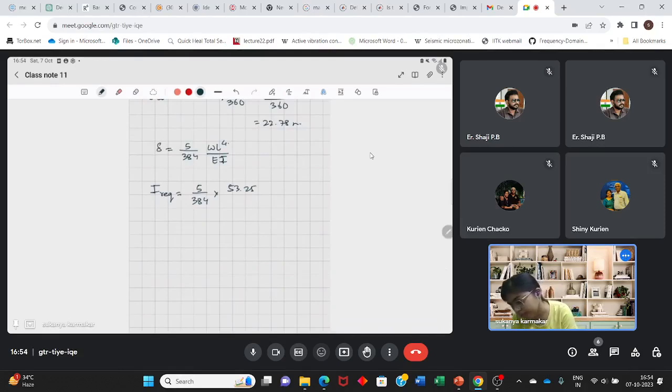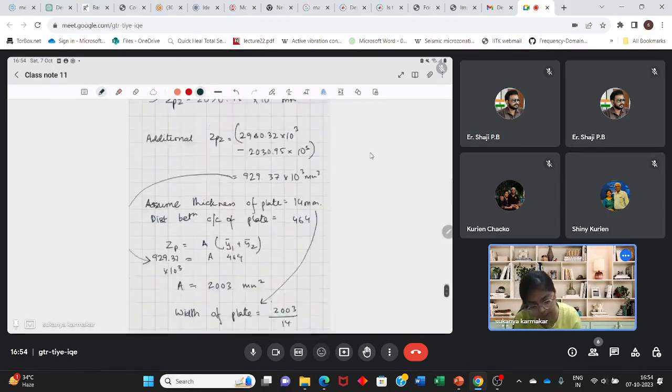5 2 into 10 to the 5. Then delta comes down here. 8 to 4. So this comes out to be, check this.